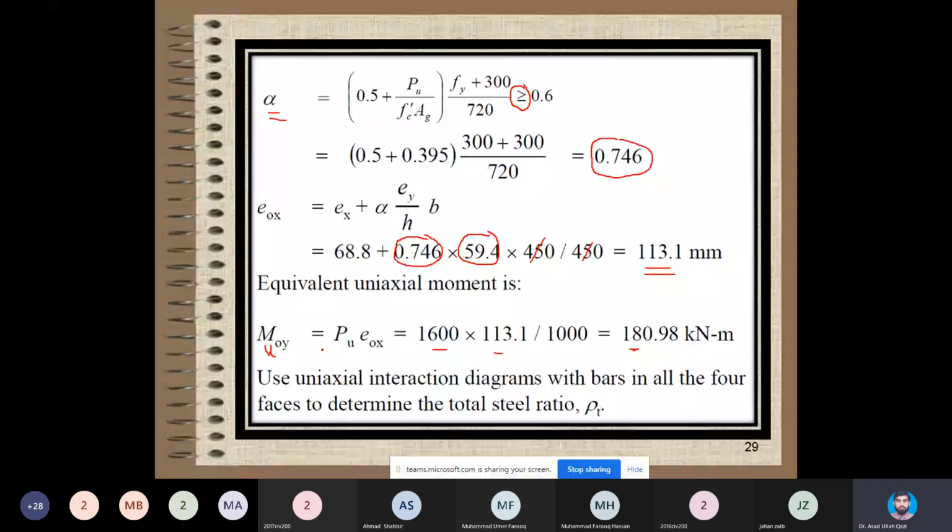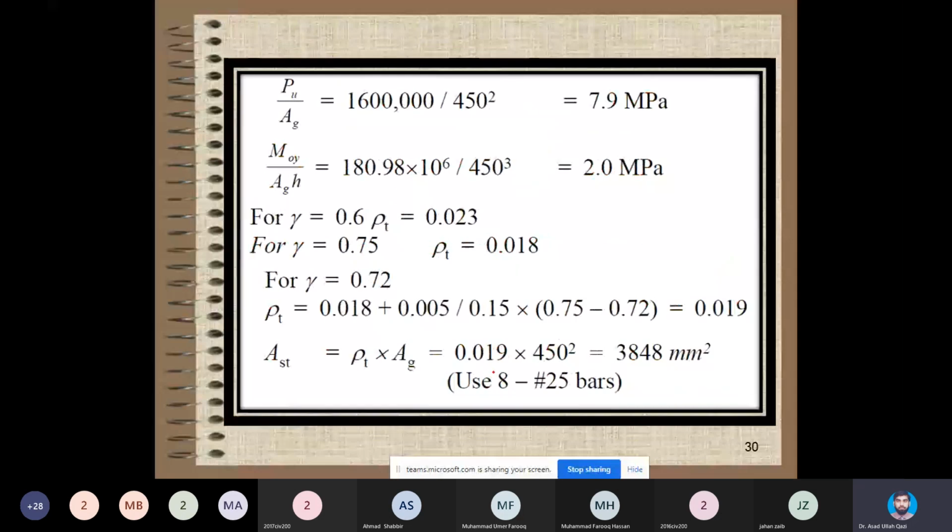Now this Mu naught y and PU will be kept in mind, and pictures with different gammas will be consulted.